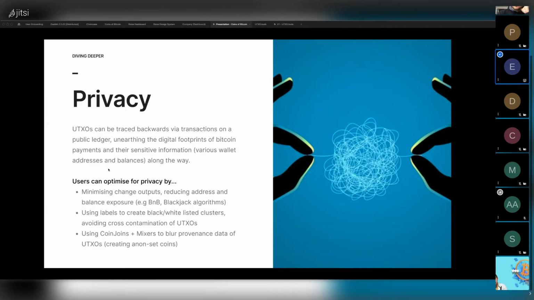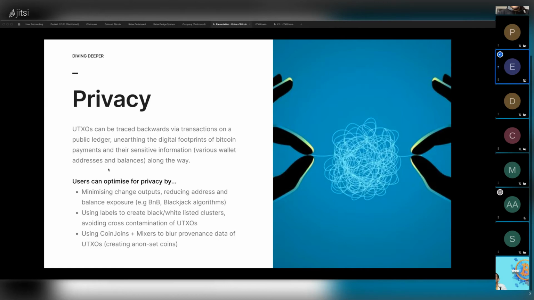And trying to get users to understand the implications of privacy, and how when you send certain coins to certain individuals or contacts from your wallet, you probably will expose certain amounts of sensitive information, whether it's your addresses or your wallet balances, via those UTXOs and via those transactions.